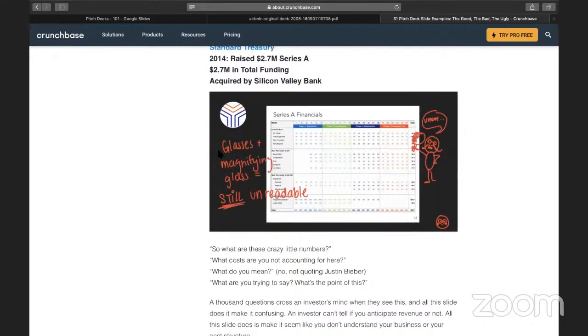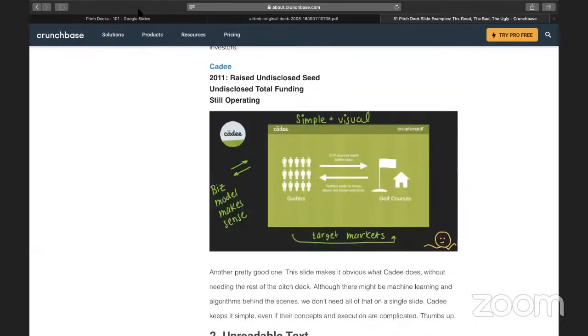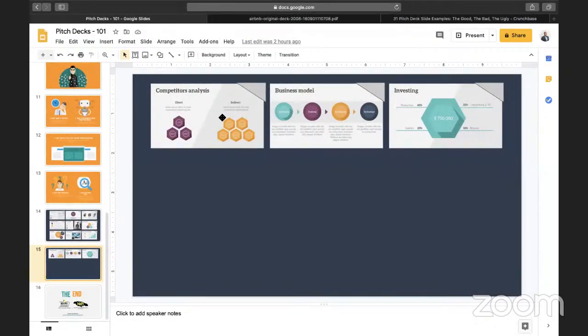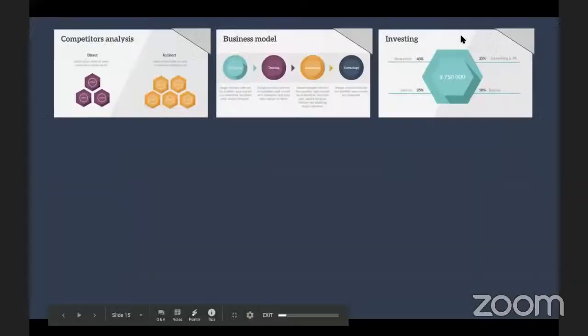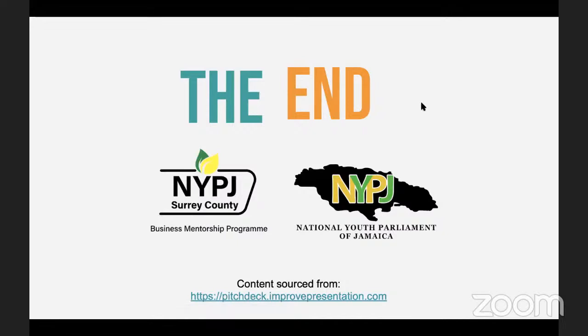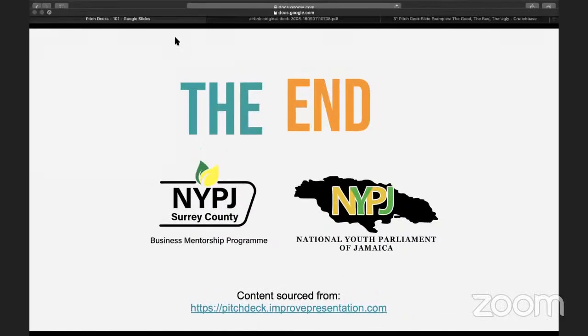In the citation here, it says glasses and magnifying glasses still unreadable. But that's the refresher in a nutshell, guys. Just to give you a heads up. So let me see if I can just bring this back and stop sharing my screen.